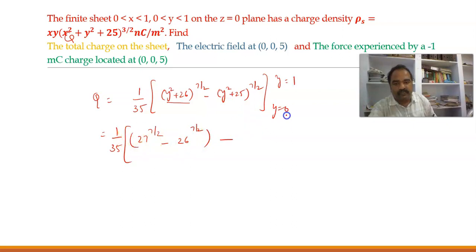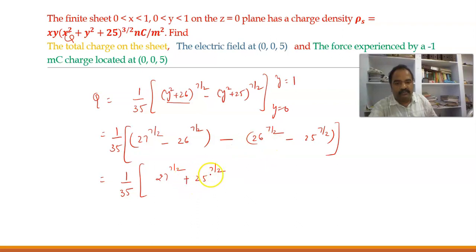Minus, where y is equal to 0, this will be 26 to the power of 7 by 2 minus 25 to the power of 7 by 2. Minus into minus will become plus.